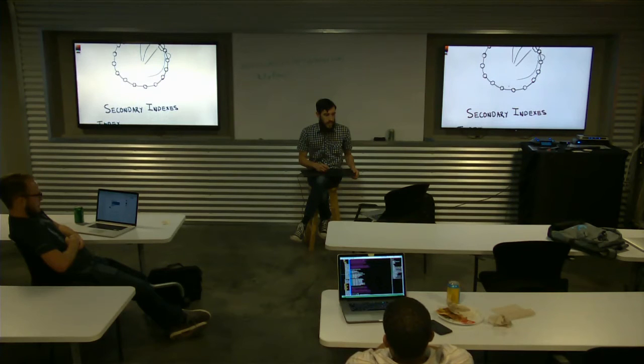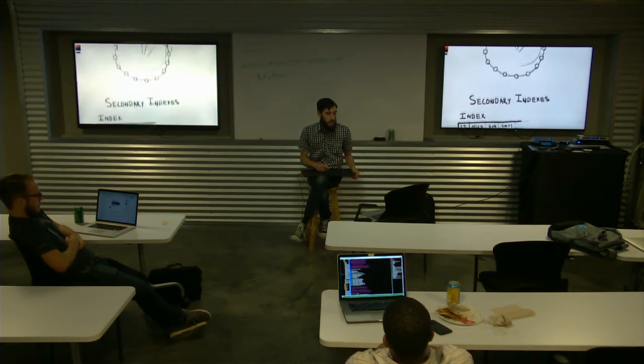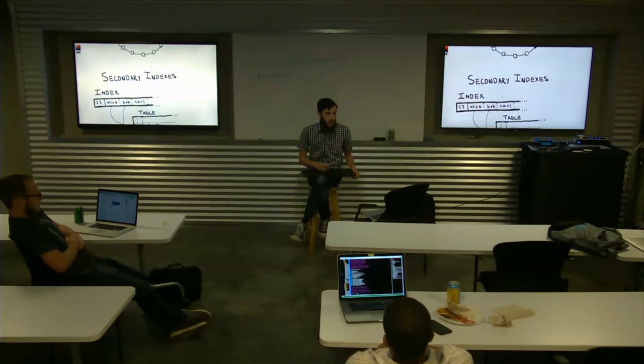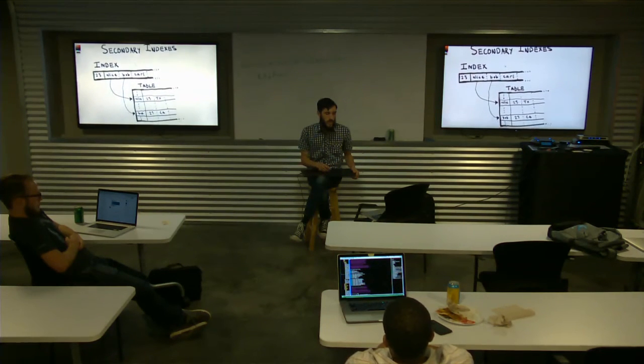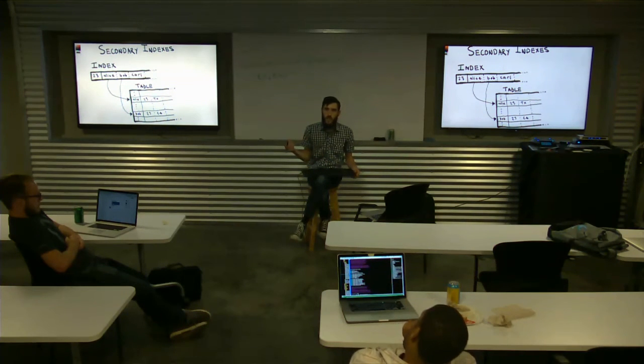So secondary indexes basically have to do all the same stuff that range queries do, but within each of those ranges, it does this index lookup and then looks into the base table. So with secondary indexes, every node indexes the data that it has locally.